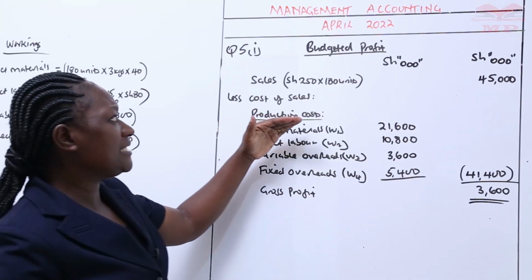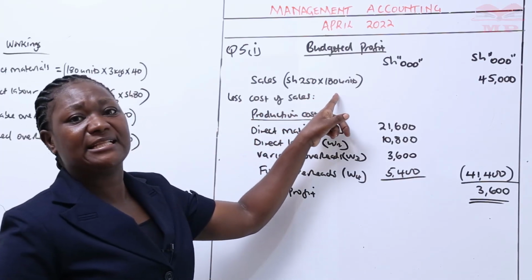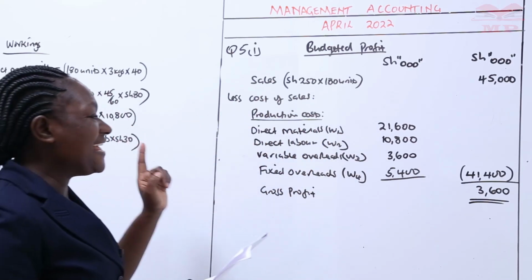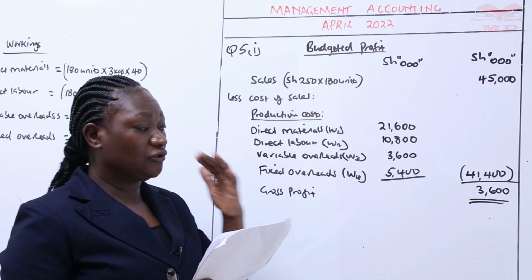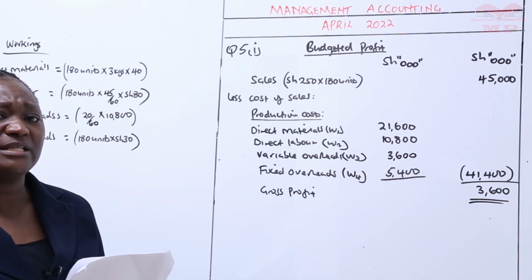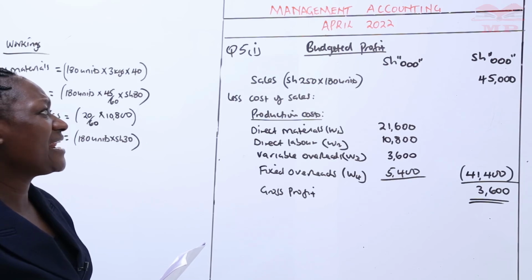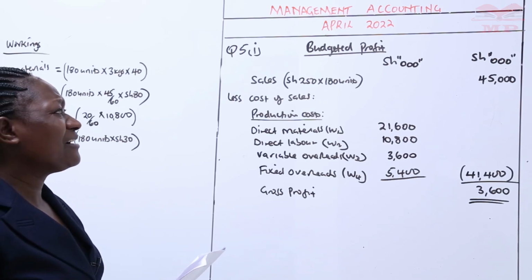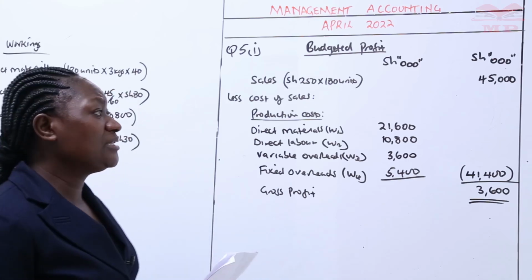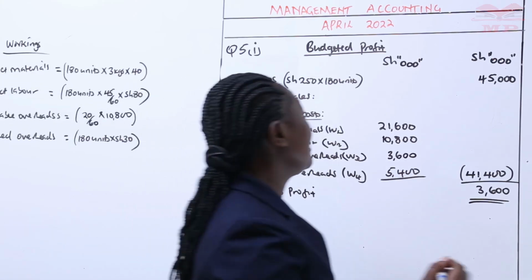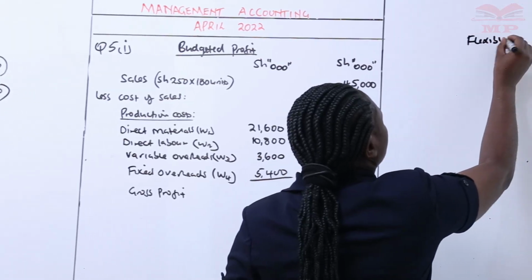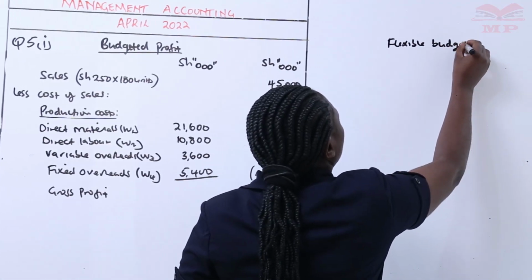We had a budget for production of 180,000 units, but now 120,000 units have been manufactured, bringing about a variance of around 60,000. So what will be the variation in profit? What we are preparing is simply to show the variation. So the flexible budget will be as follows.